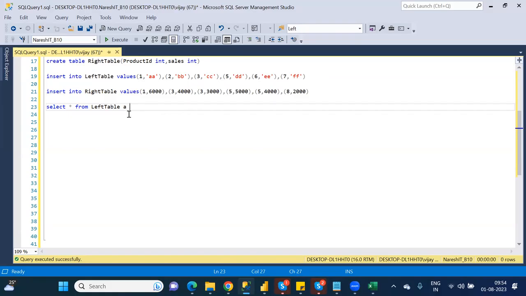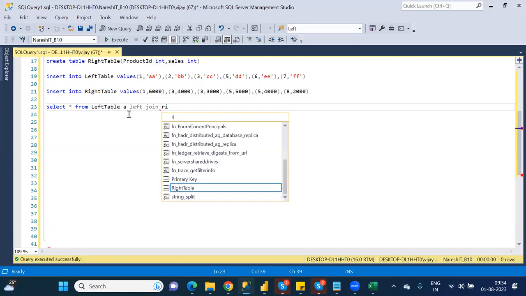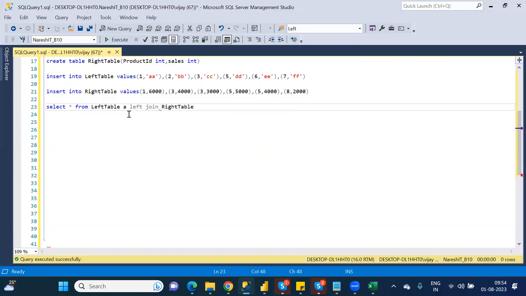After that, you can apply the joins. What is the join here? Left join. You can write left outer join or left join. That is fine. Understand? Next one is the right table. What is the right table here? B. On A dot. What is the common column here? Those common columns you need to write here. With the common columns, you need to match it. Understand? So first you write the left table and its alias name, A. And join.